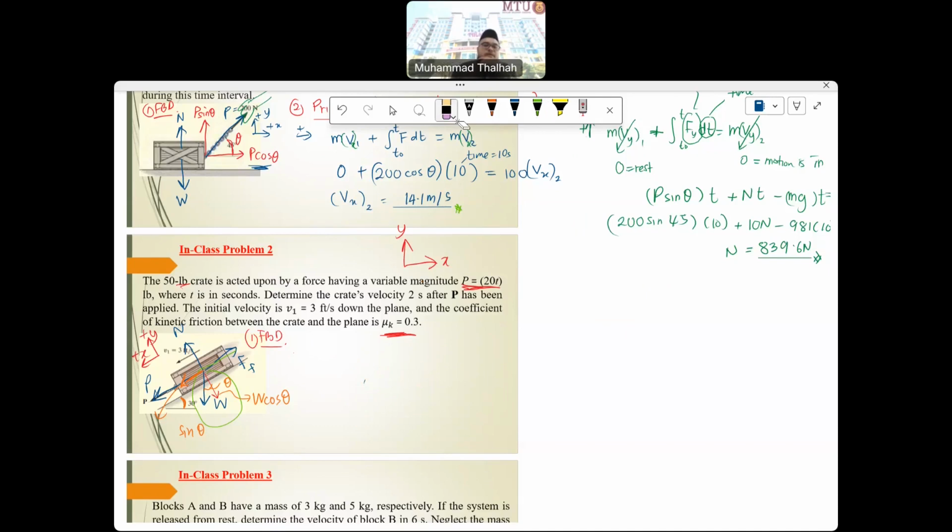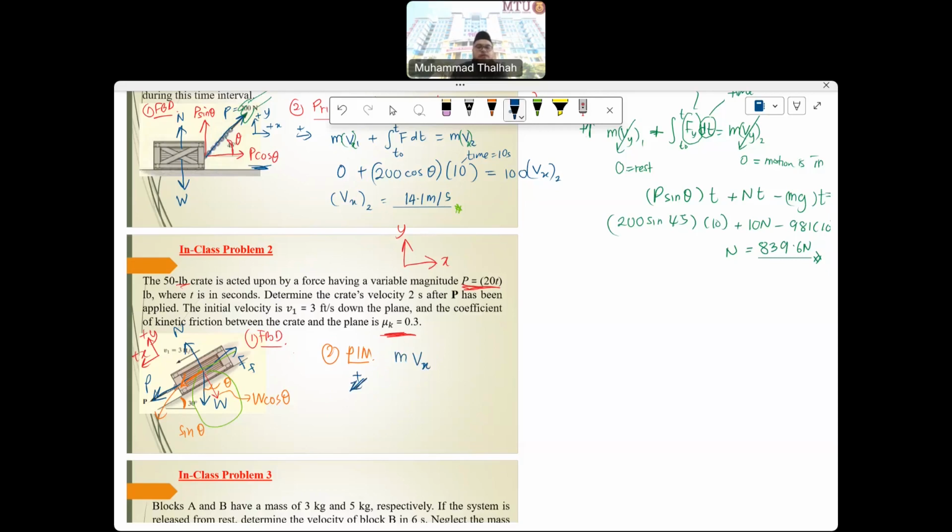Once our FBD is completed, we can work it out with the principle of impulse and linear momentum. M V1 in the X direction, so that's going to be m v_x.